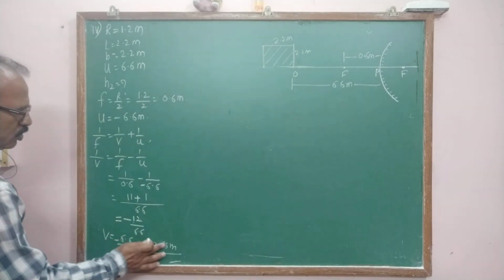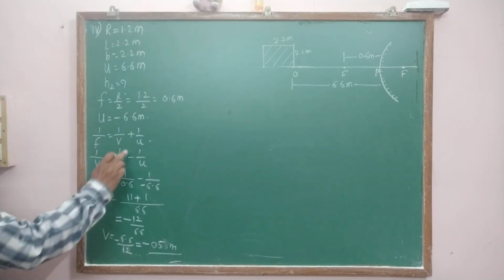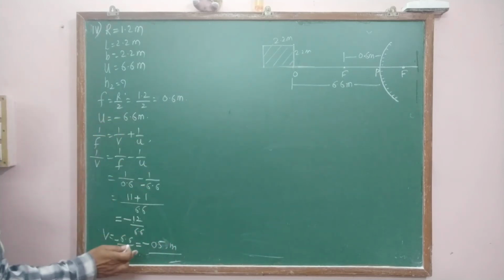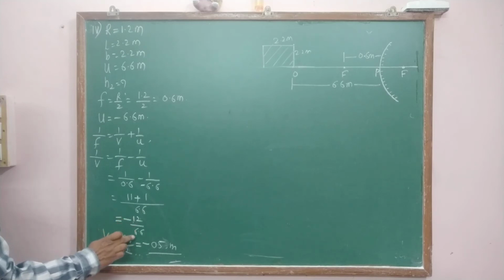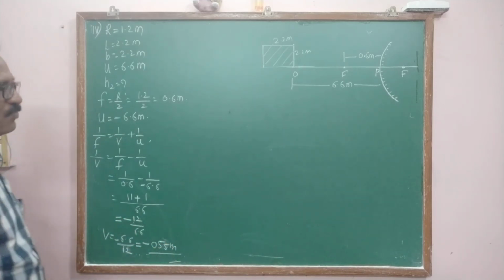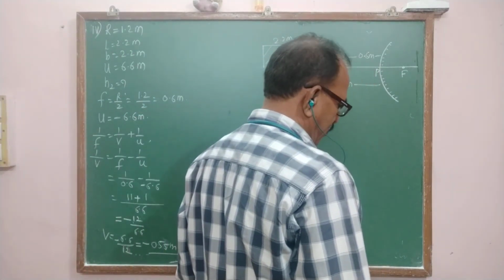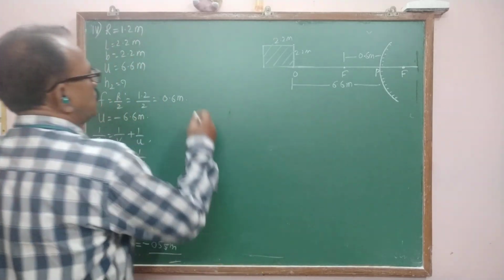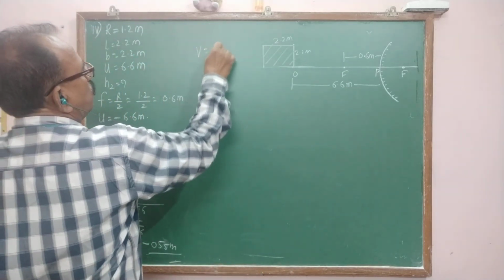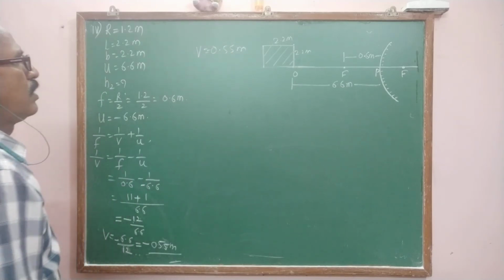That is equal to 0.55 meter. So the image distance is about 0.55 meter. And so v is equal to 0.55 meter with minus sign.